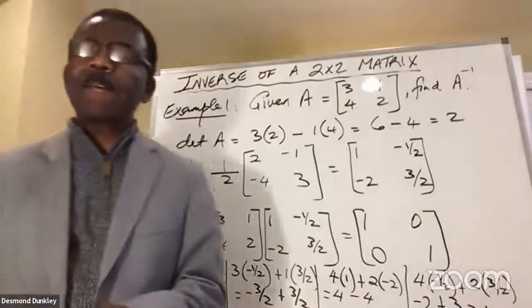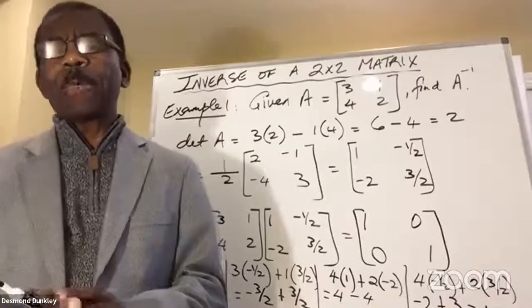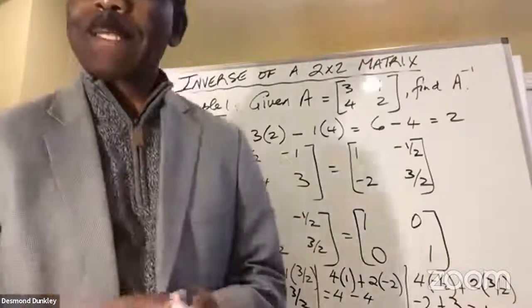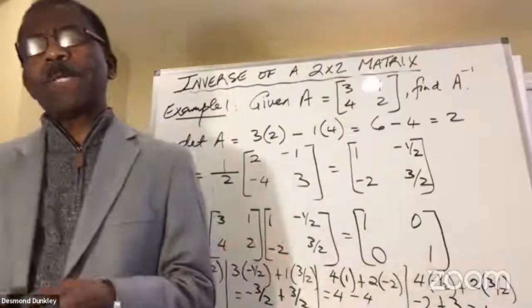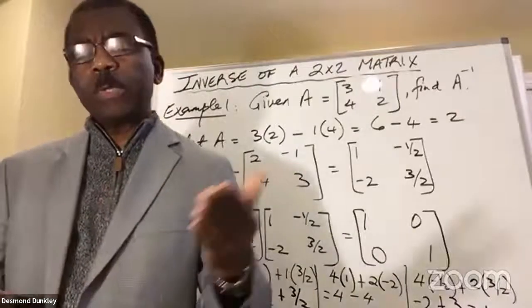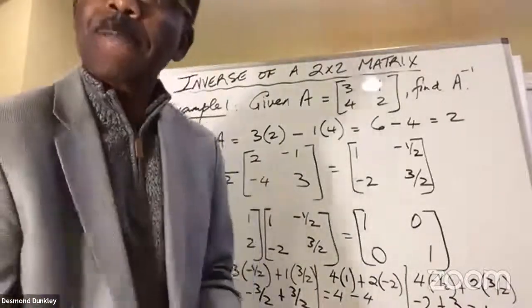So we have just found a way to find the inverse of a 2 by 2. We also know a way to test if it's correct. So the only thing we have left to do is to see how we can use a 2 by 2 matrix to solve a system of equations.